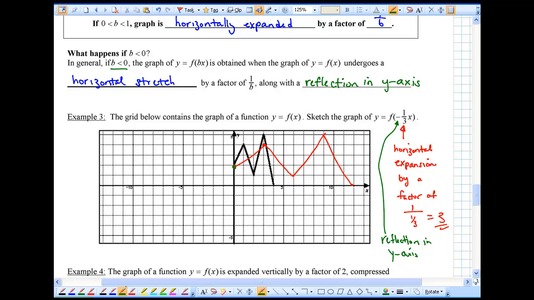So this one stays the same. (3, 4) becomes (negative 3, 4). (6, 1) becomes (negative 6, 1). (9, 5) becomes (negative 9, 5). And (12, 0) becomes (negative 12, 0). And there's your graph of y equals f of negative 1/3 x. Done.